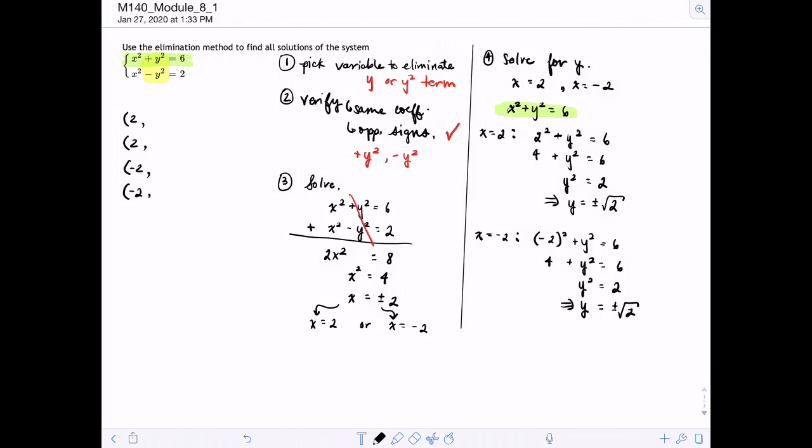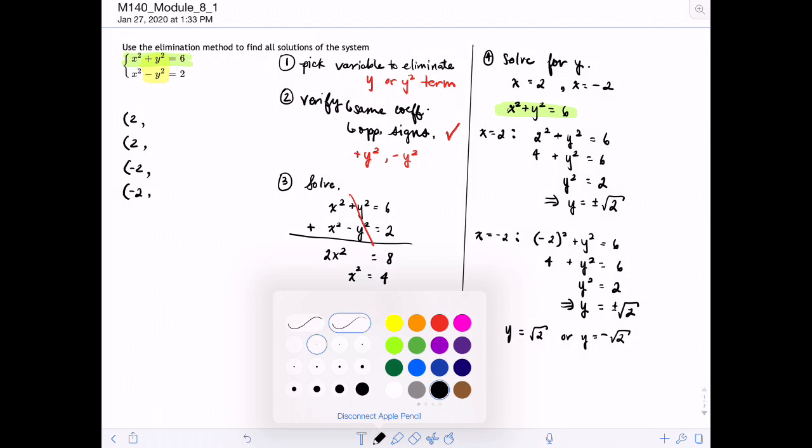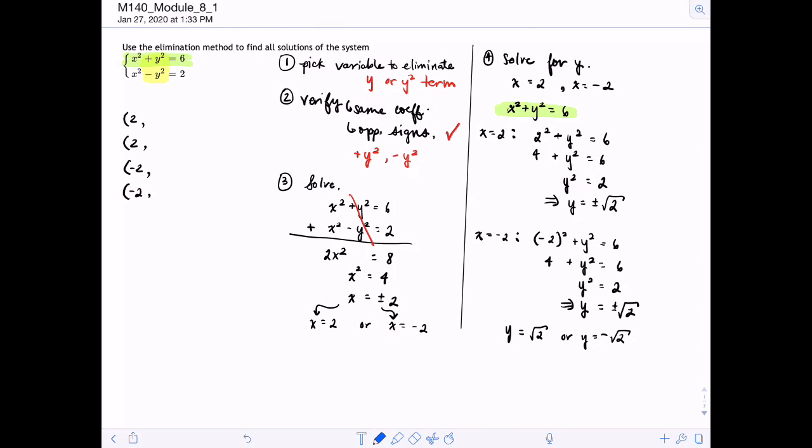So this means that I have some sort of combination: y equal to the positive square root of 2, or y equal to the negative square root of 2. And this is where the 4 points come in. So I would have 2 positive square root of 2, 2 negative square root of 2, negative 2 positive square root of 2, and negative 2 negative square root of 2.